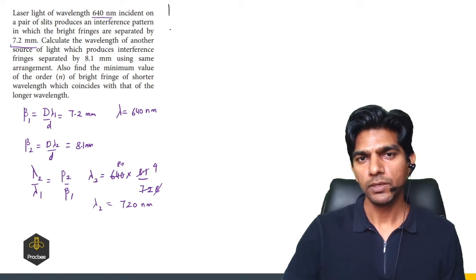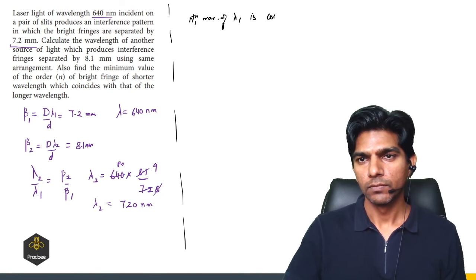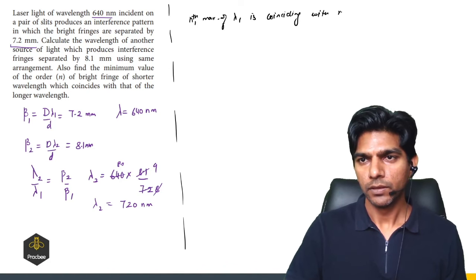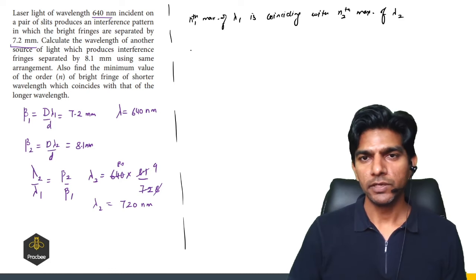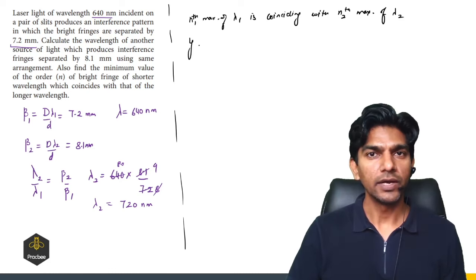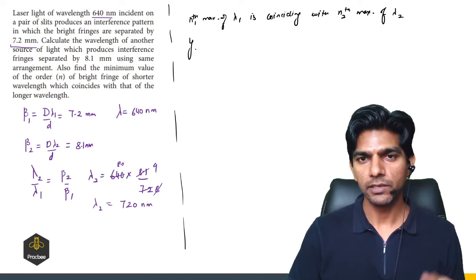So let us assume that the n1th maxima of lambda 1 is coinciding with the n2th maxima of lambda 2. Y is the distance of the bright fringe from the central maxima.